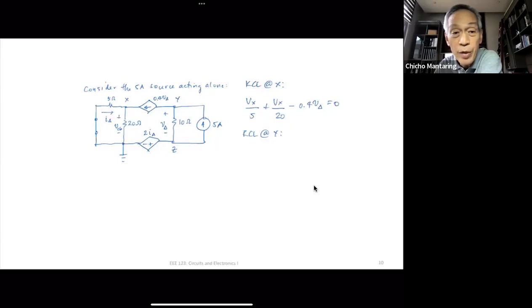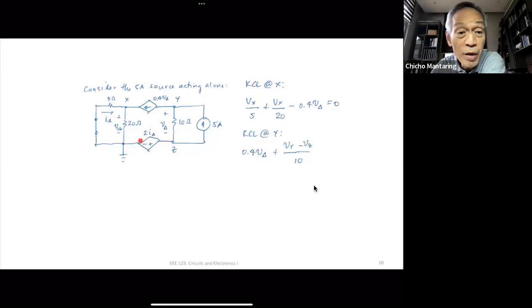Okay. So I start with the 0.4 V delta. That's the current flowing from right to left at Y. And then I have Vy minus Vz over 10. That's something I want you to be careful about, no? The voltage across these 10 ohms is Vy minus Vz, no?